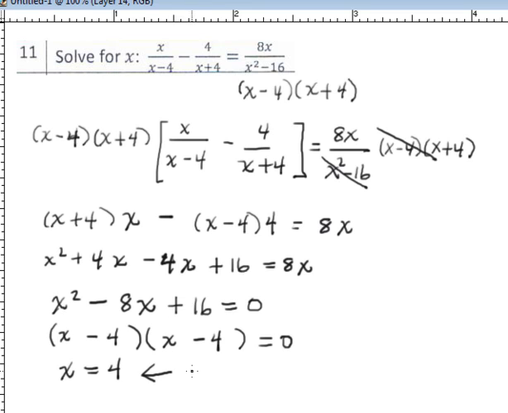Okay, so this is not a valid solution. We always have to check if the solutions that we get make one of the denominators 0, which is the case here. So because our one solution is not valid, we have no solution.